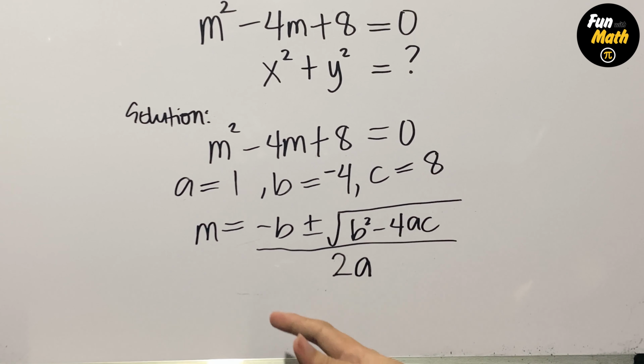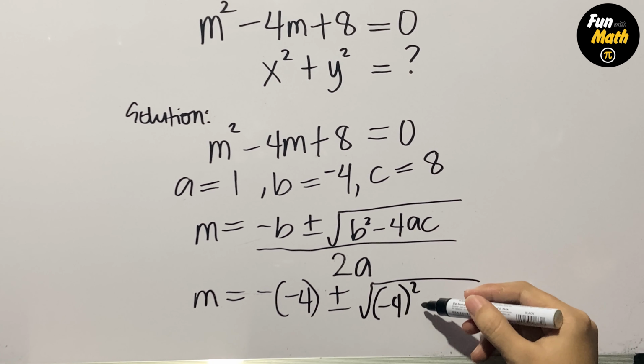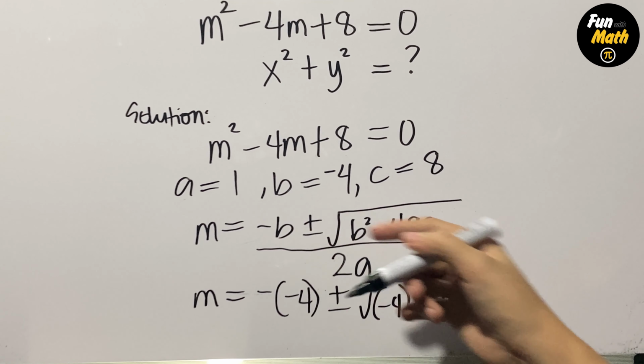So that is m is equal to negative times -4, positive, negative, square root of b squared, that is -4 squared, minus 4 times a, that is 1, times c, that is 8, over 2a, that is 2 times 1.